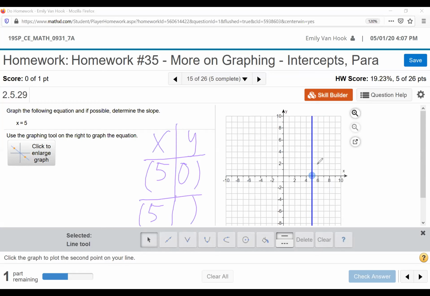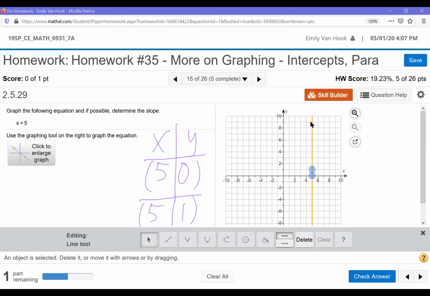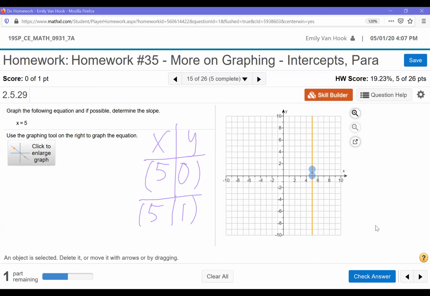We got that already. Let's do one more. How about 5, 1? That'll be my next point on my line. Here's 5, 0. Here's 5, 1. Got it. So there's my vertical line. Let's check that answer.